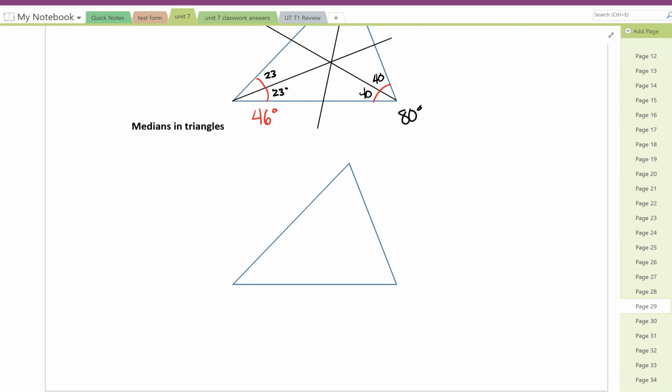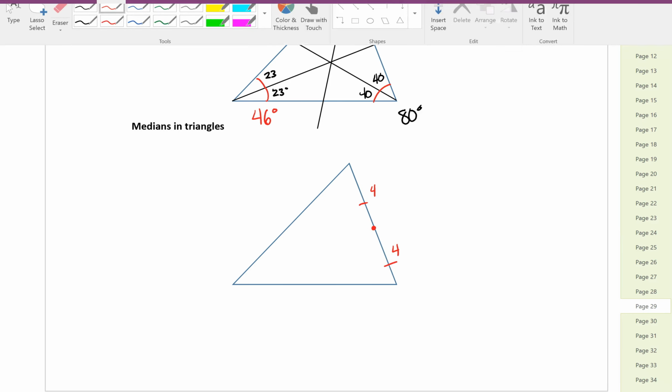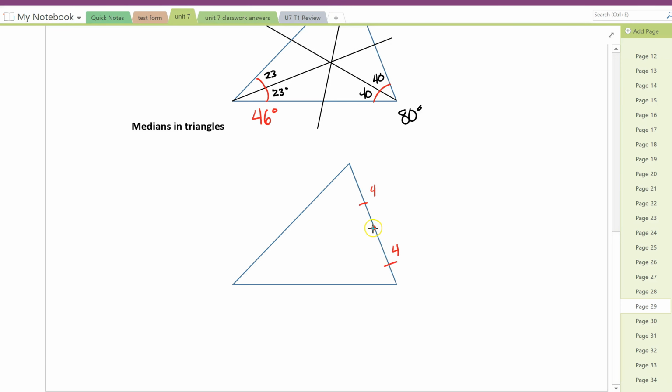Last one, medians. What a median is, that means if I find the midpoint of one side, so let's say that's 4 and 4, and then I draw a straight line from that midpoint to the opposite vertex, that is a median.